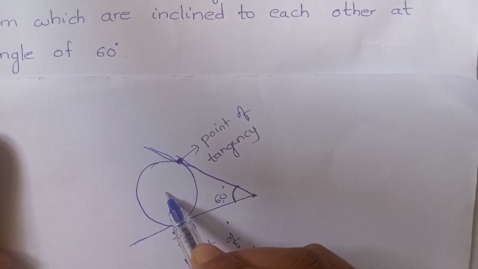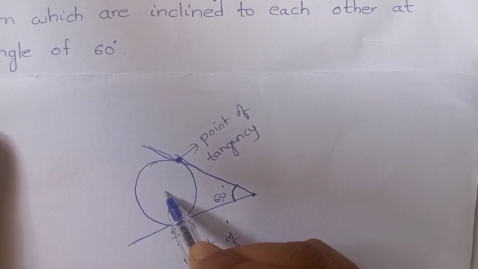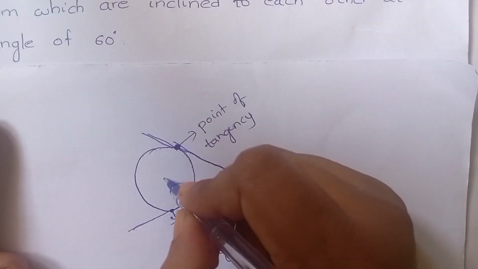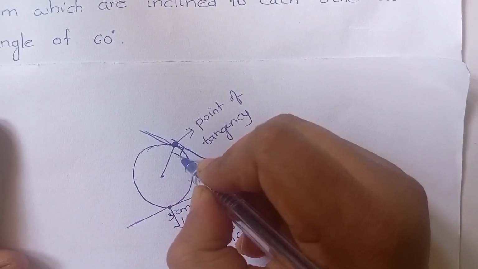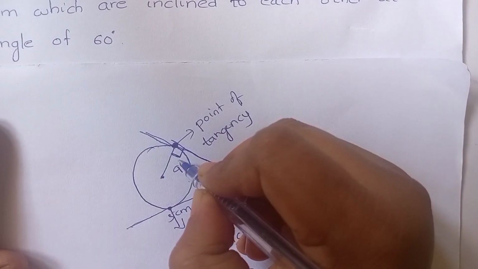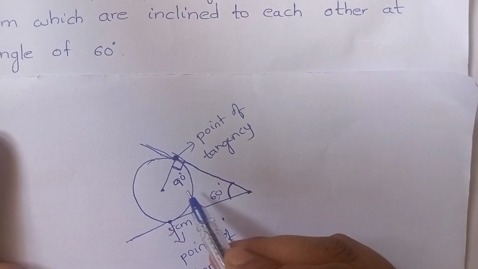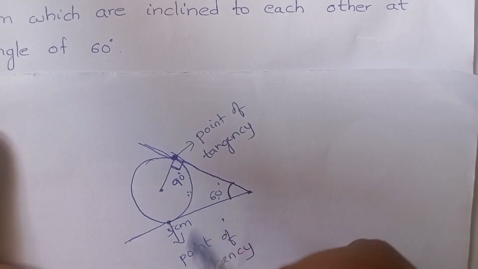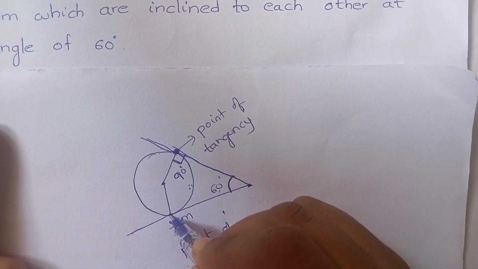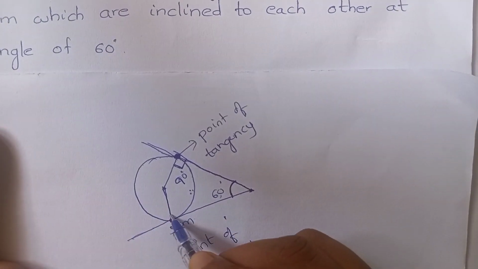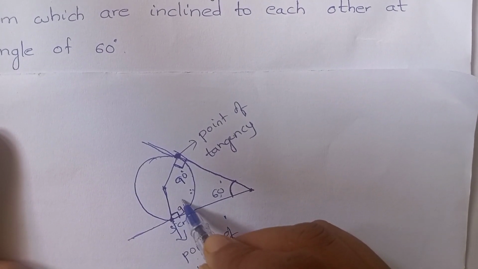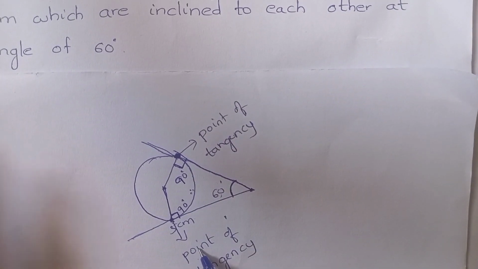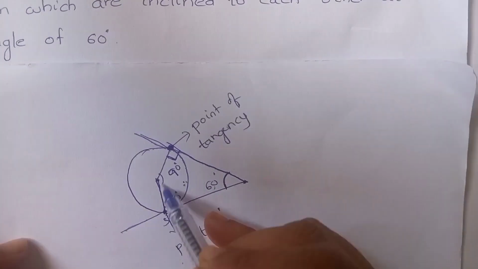The radius of a circle, if it meets the point of tangency, it makes an angle 90 degree. Isn't it? See here, the radius, if it touches the point of tangency, it makes an angle 90 degree. This is according to the property of a tangent.